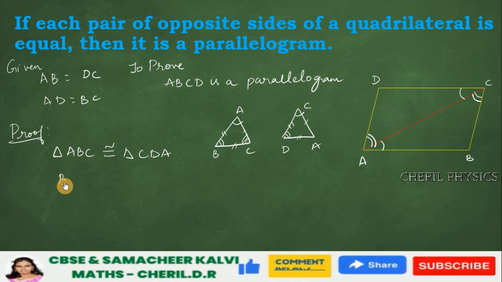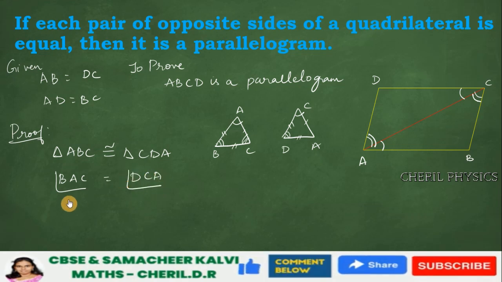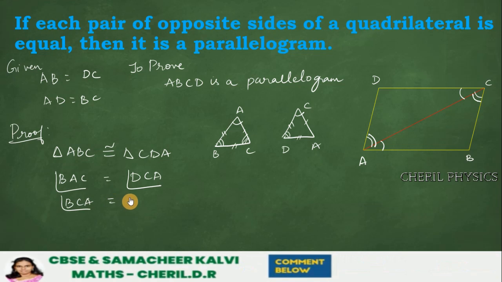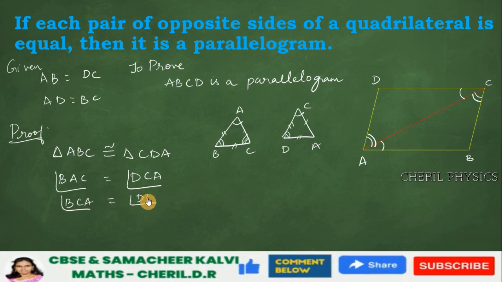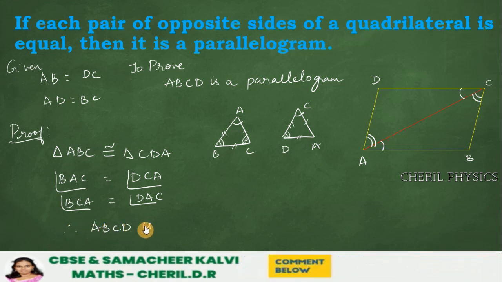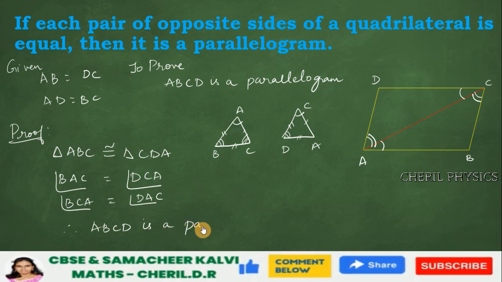We are able to see that angle BAC is equal to angle DCA. Likewise, angle BCA is equal to angle DAC. So with this we can say that therefore ABCD is a parallelogram. Is it clear, children?